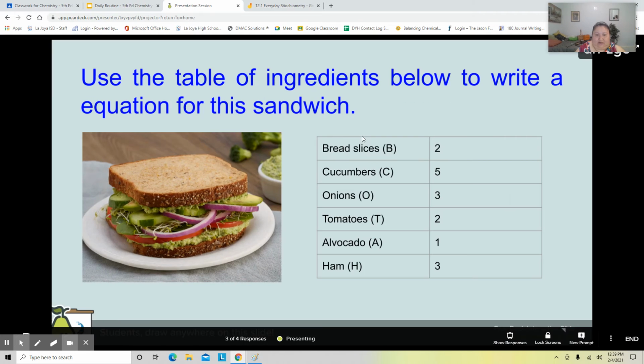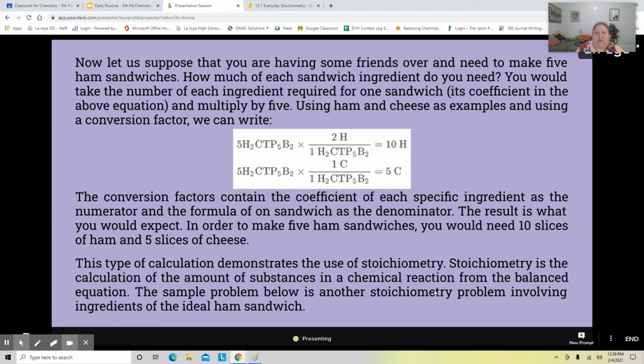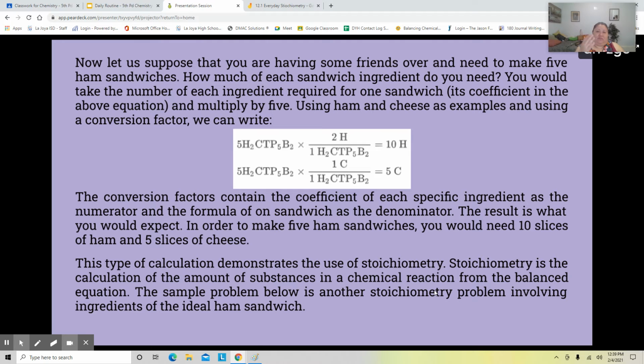Okay, and you can see it here from this guy down here. You see the 2 hams. You see the 1 slice of cheese. You see the 1 sandwich that is being made. So they're using the information from the reaction to change your 5 sandwiches into slices of ham for the first one.